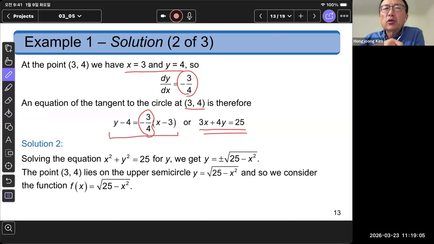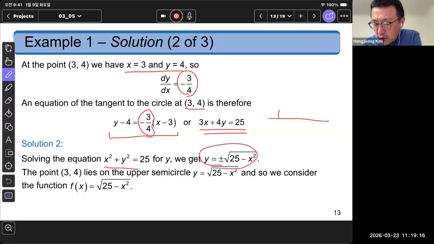Now, if you want, you can go back to the explicit definition. From this equation, you can find equations that define one function for the upper semicircle and one for the lower semicircle. And please remember that 3 and 4 is a point on the upper semicircle. So we will play with this one.